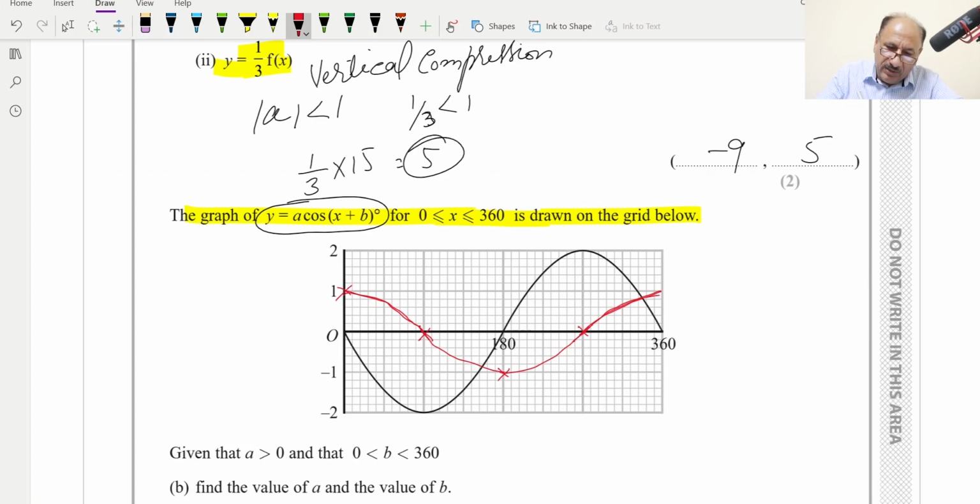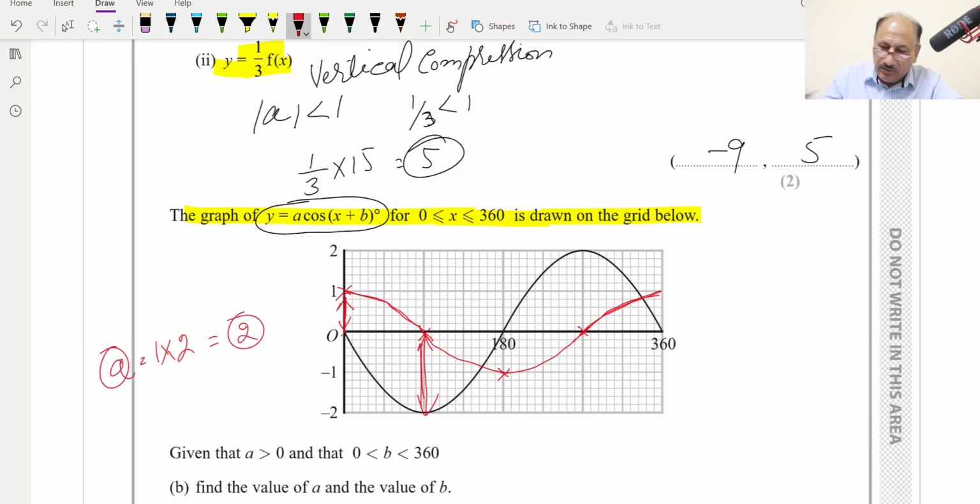If you see, one thing is its amplitude. The a value, this one, has now moved up to 2, so there will be a change of amplitude. 1 will be multiplied by 2, so the a value is equal to 2.